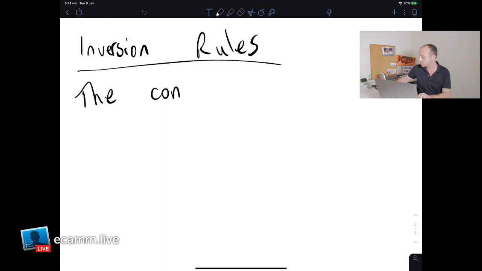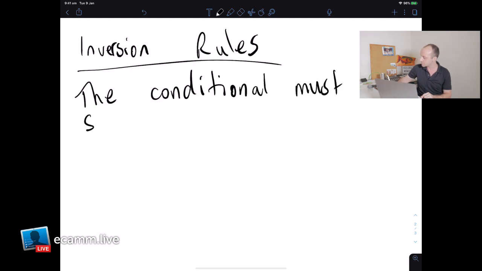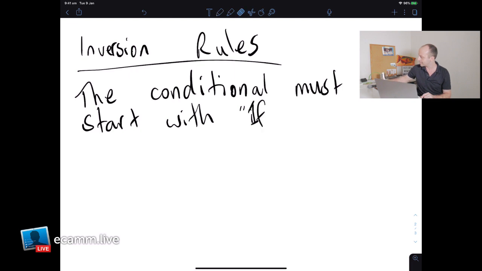The conditional, the if clause, the conditional must start with, let's put a capital because it must start with if. Now I know that seems strange.